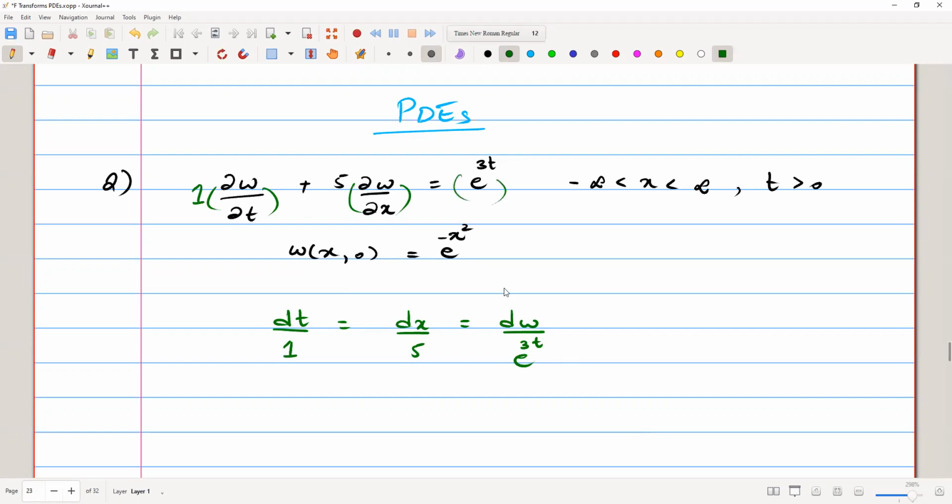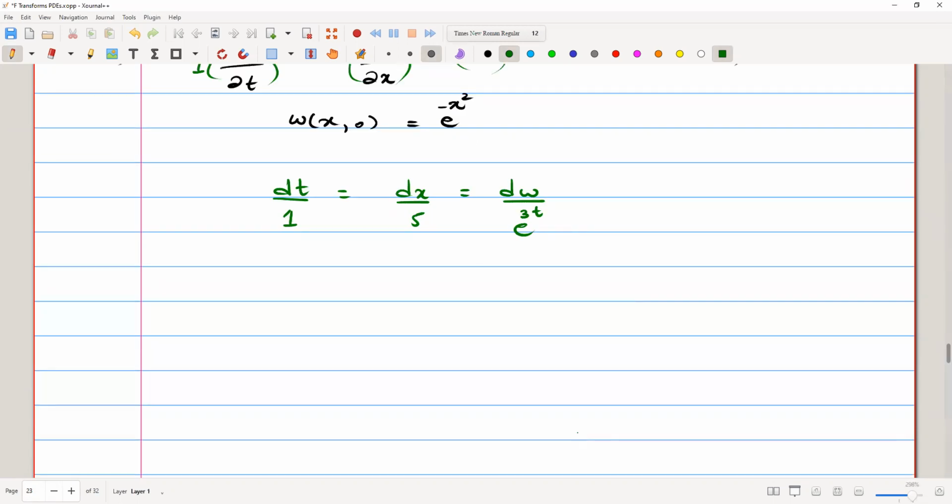So we write it in the denominator of dw. Now we can simply solve this problem by taking the pairs.